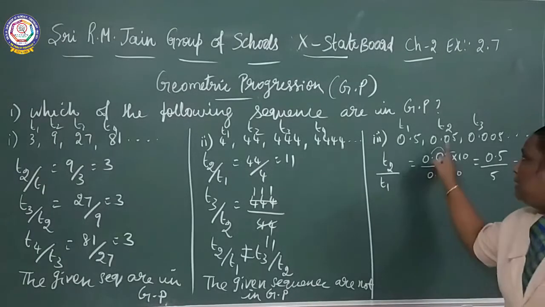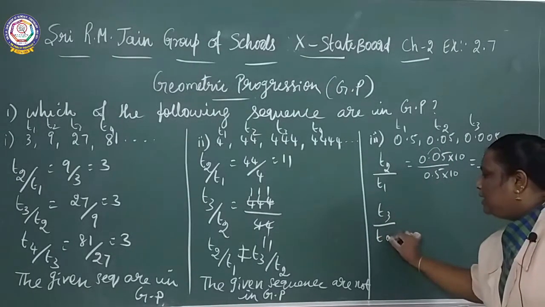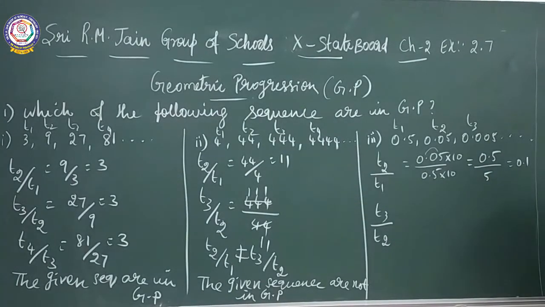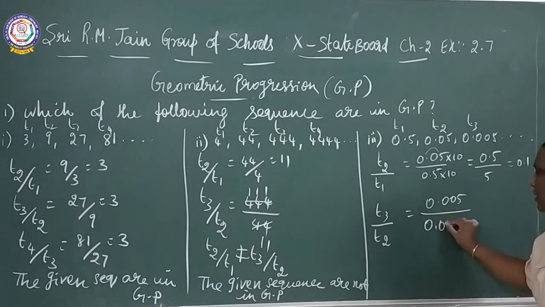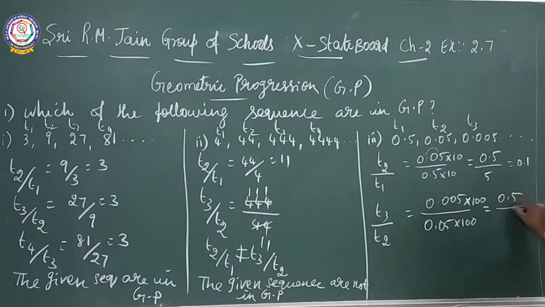Next, T3 by T2. T3 is what? 0.005 by 0.05. Multiply by 100 because of 2 decimal places. So what is the value for this? 0.5 by 5, so the value is 0.1.